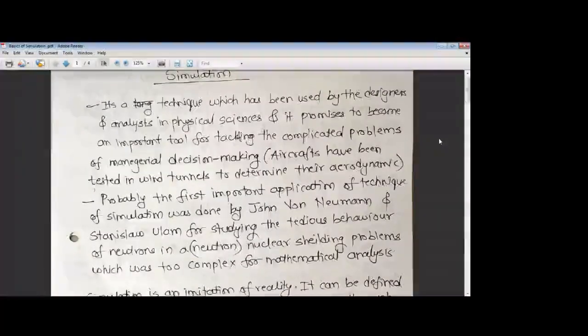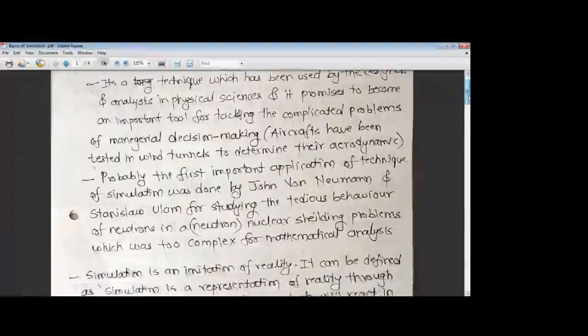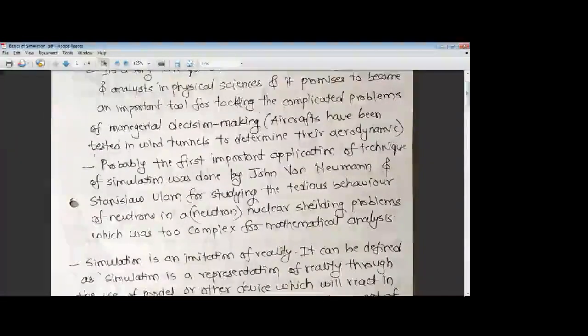A few of the early examples where this simulation technique was used were aircraft. Aircraft are designed, and they are not permitted to fly in the air directly.